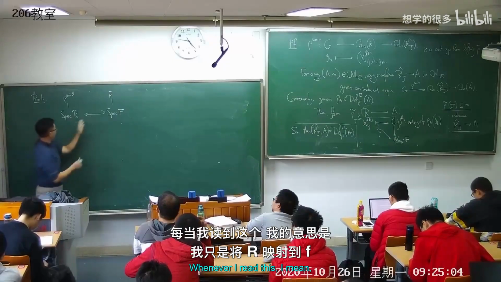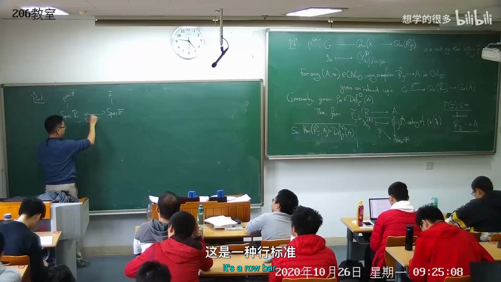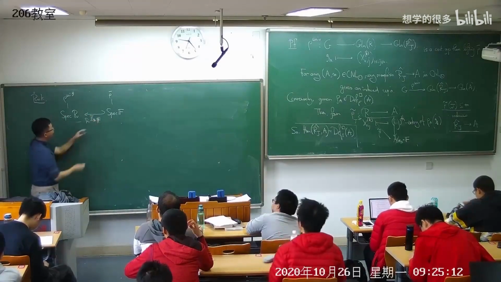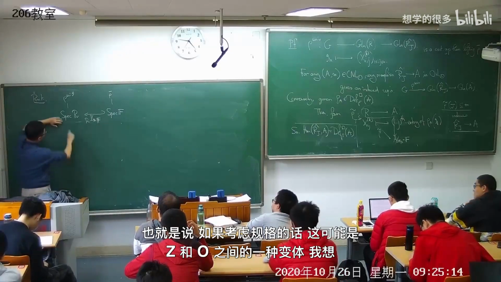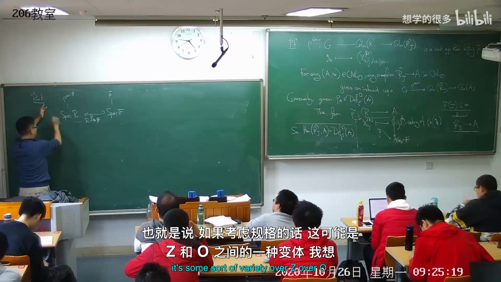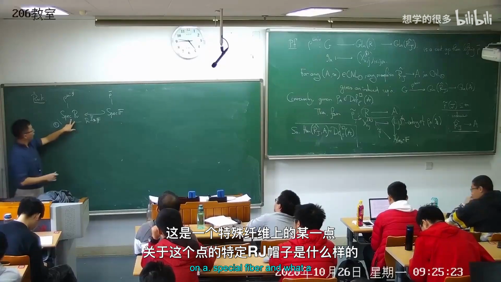Whenever I read this, this corresponds to an R map to F, it's rho bar. If you think of spec R, this is some sort of variety over Z over O, and this is a point on a special fiber.